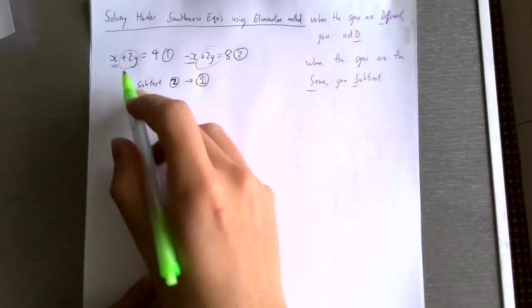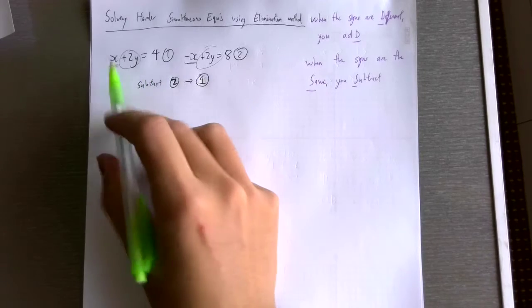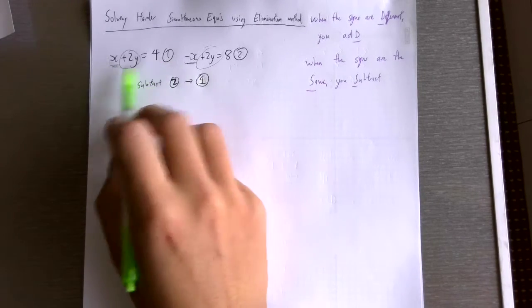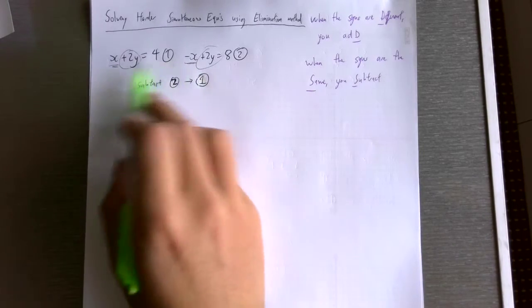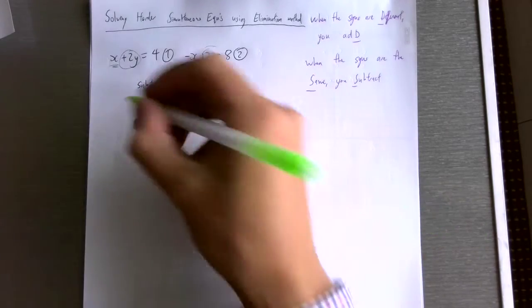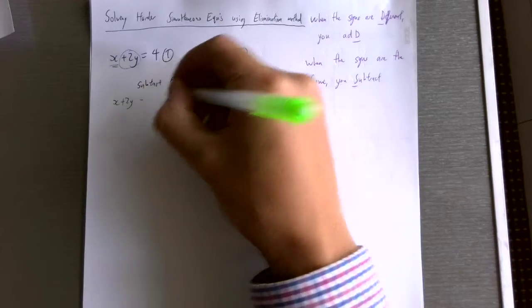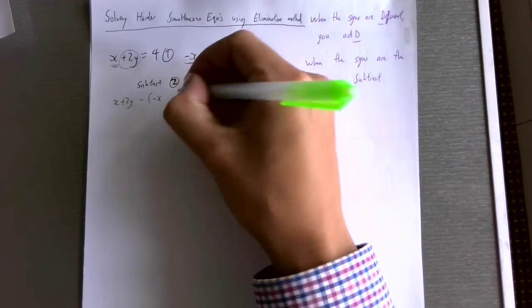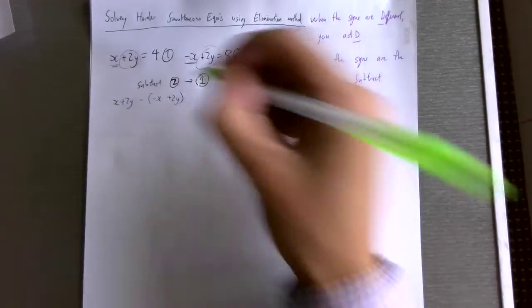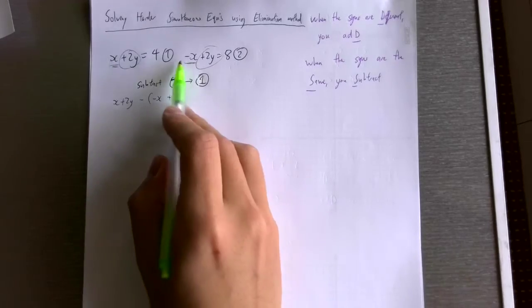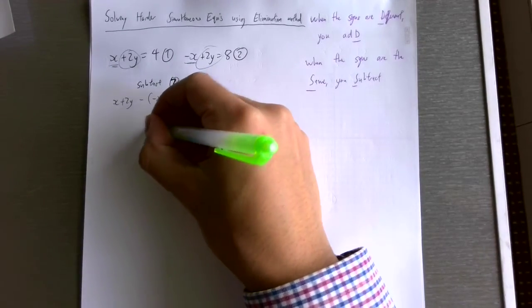So what we're going to start off with is this equation here. We've got x, and because there are like terms here, what we're really doing is the whole x plus 2y minus x plus 2y. But then when we have x minus x, that will turn into a 2x.